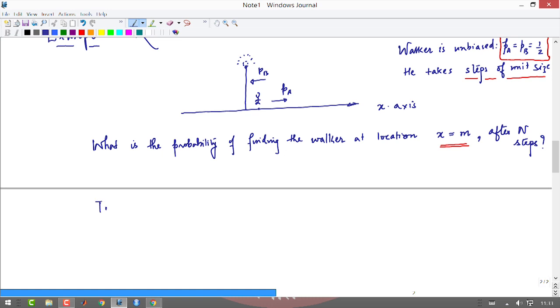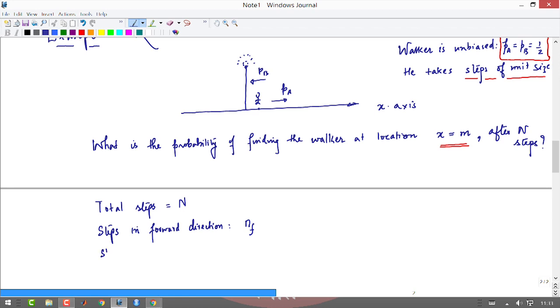Okay. So, naturally you can tackle this problem by saying that the total number of steps is N. And let us say steps in the forward direction is NF.